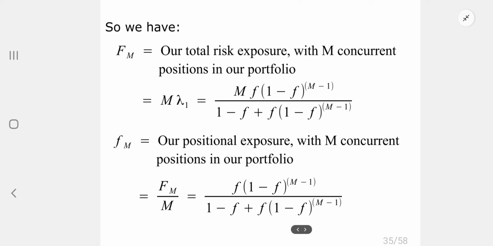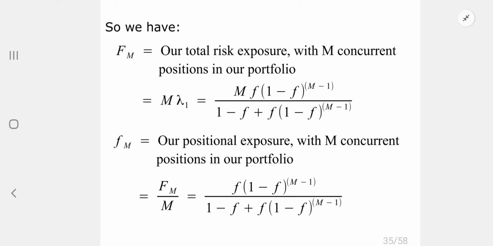So we have big FM, which equals our total risk exposure with M concurrent positions in our portfolio, which equals M times lambda 1, which equals M times small f times (1 minus small f) to the power of M minus 1, all divided by (1 minus small f plus small f times (1 minus small f) to the power of M minus 1).